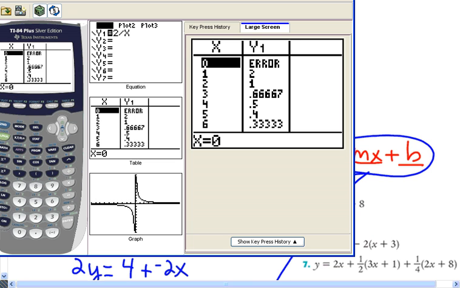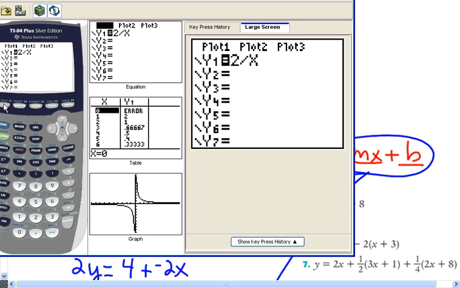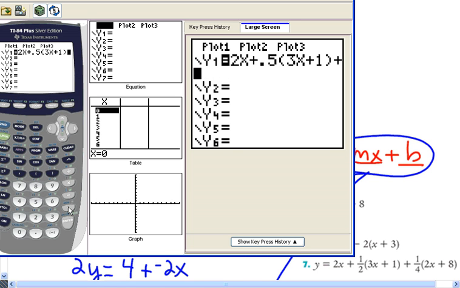So I'm going to put in y equals 2 times x plus 1/2. Now 1/2 I can write as 0.5, parentheses, 3x plus 1, parentheses, plus 1/4. Now 1/4, I can write it as 1 divided by 4, that's fine, and then parentheses.